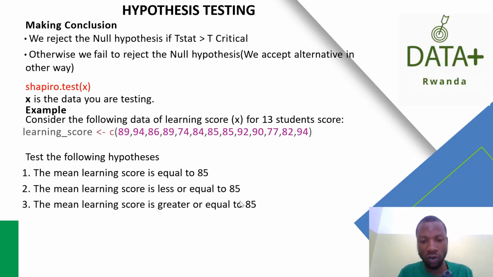Otherwise we will fail to reject the null hypothesis if the T calculated is less than or equal to what we get. So before we do this, we have to check the normality of our data by using shapiro.test.